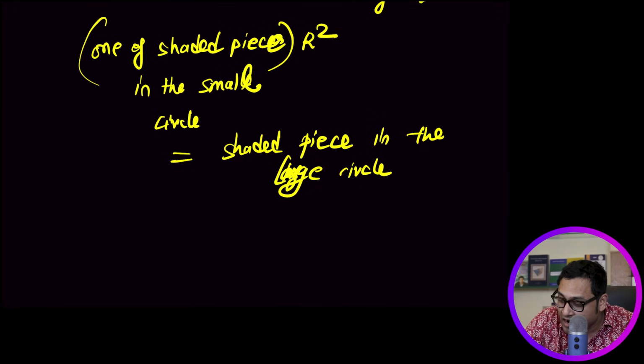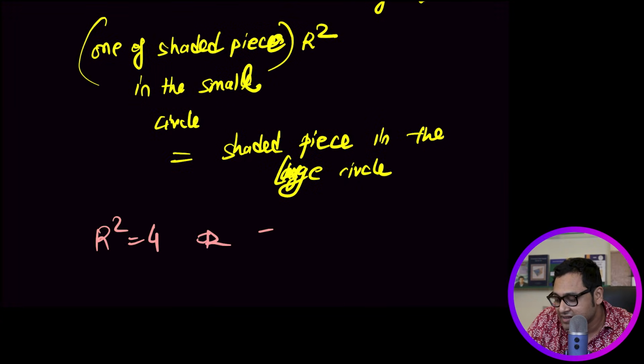But the shaded piece in the small circle, we know it's blown up by 4 times. That means r square is equal to 4, which means r is equal to 2. That's it. We have to only observe that the small shaded piece got blown up 4 times, so the radius must have been blown up square root of 4, that's 2 times. It's just a one-line answer, right?